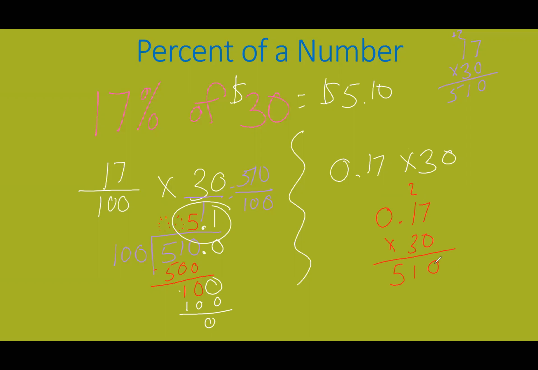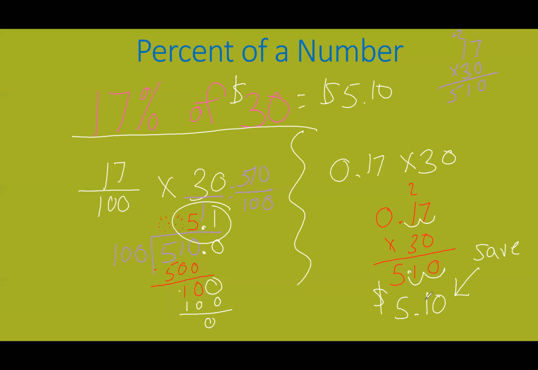And now I'm going to count my decimal places. 1, 2. Same exact answer, 5 1/10. If I'm talking about money, then it would be $5.10. Which means if my shoes were on sale, this is how much money I would save. It's not how much money my shoes would be, it's how much I would save.